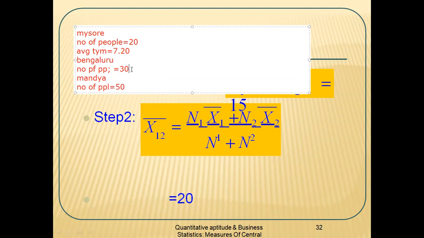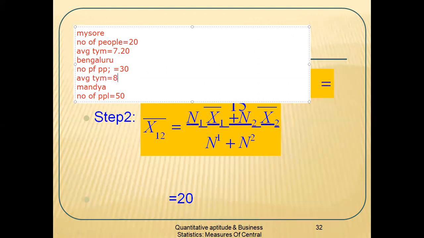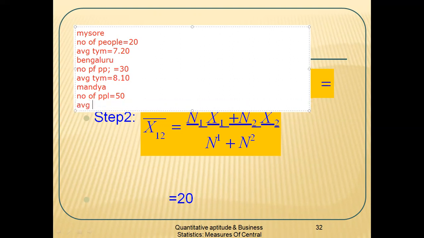The people in Bangalore, the average time taken is, let me consider it as 8 minutes 10 seconds. Similarly, people in Mandya, the average time taken is considered as 6.21, so 6 minutes 21 seconds.